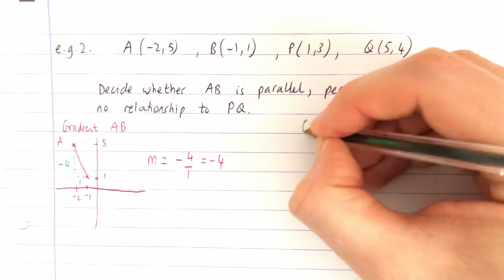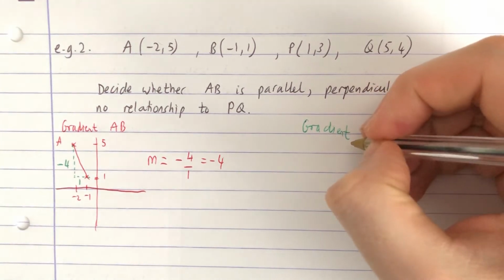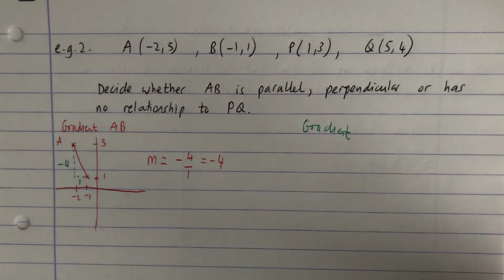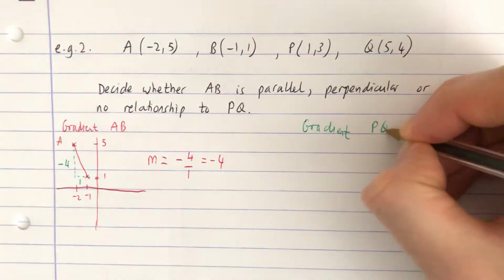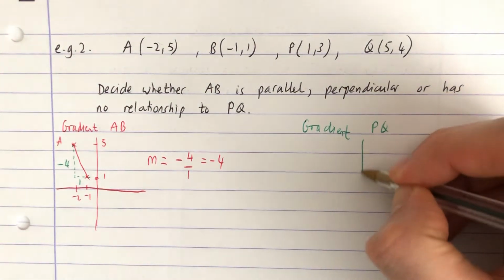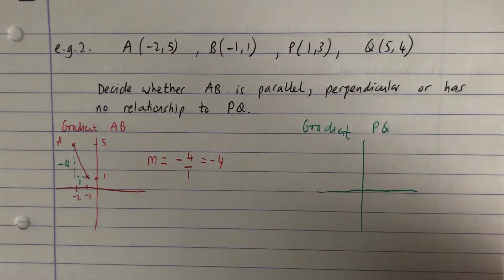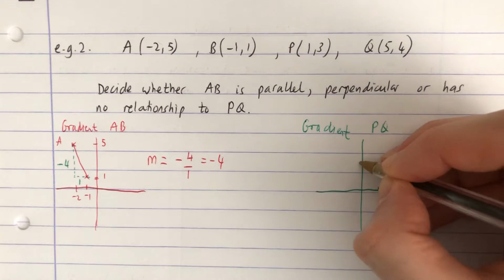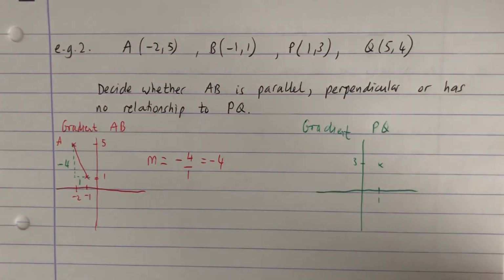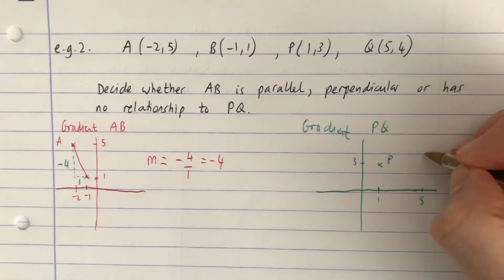Let's have a look at the gradient of the other line, PQ. We have a quick sketch. 1, 3, just say 1's there, 3's there. That's P. Q is 5, 4. 5 there, 4 there.